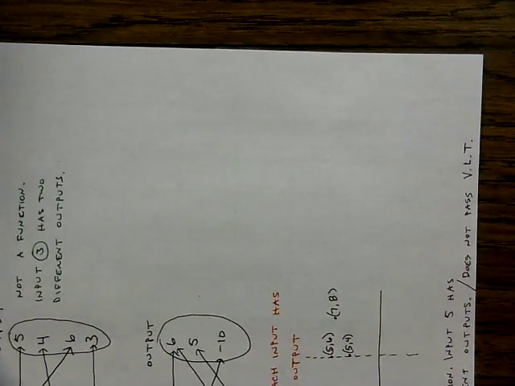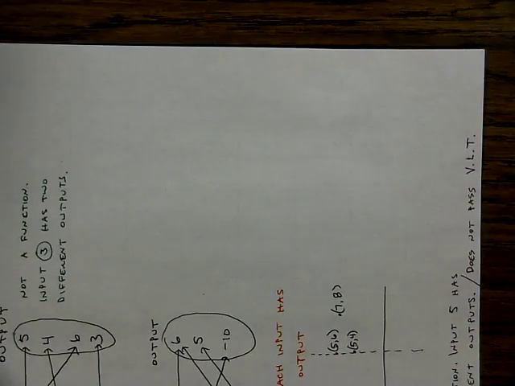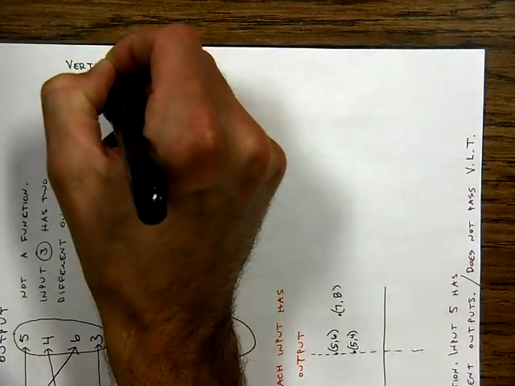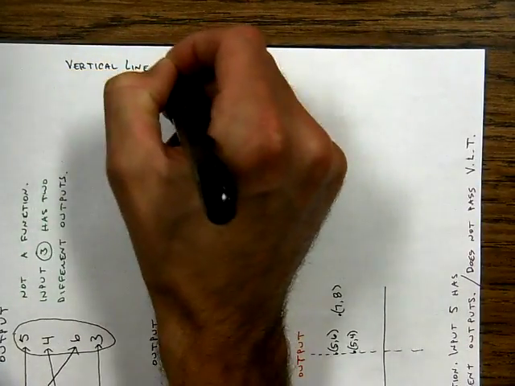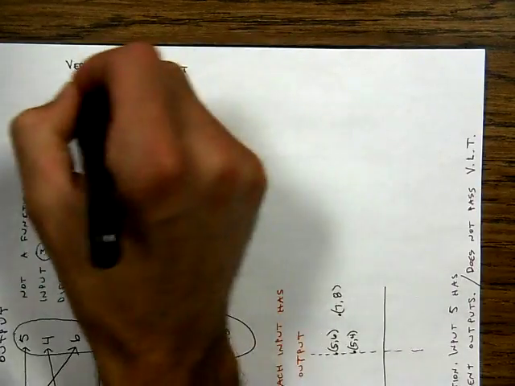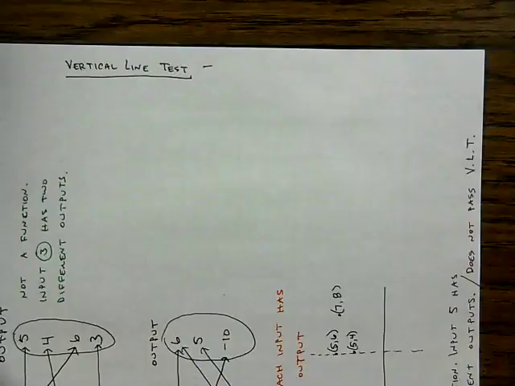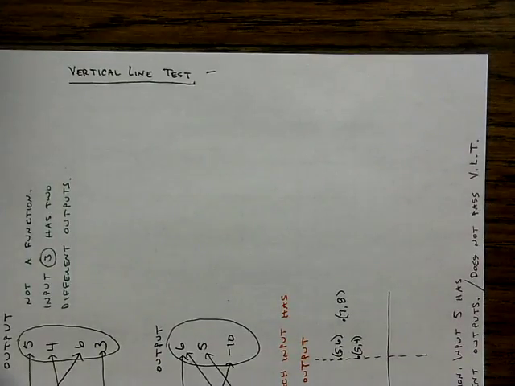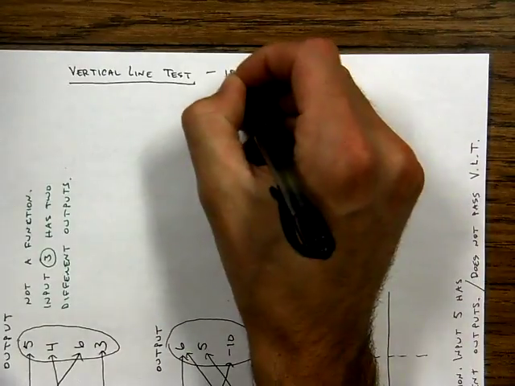Now, on my piece of paper, I'm going to turn my piece of paper sideways just to save some paper, and let me just write down really quickly for us a definition of the vertical line test. I don't think this is the official book, Google, interwebs definition. This might be Mr. Salter's definition, but it serves its purpose. So here it is.